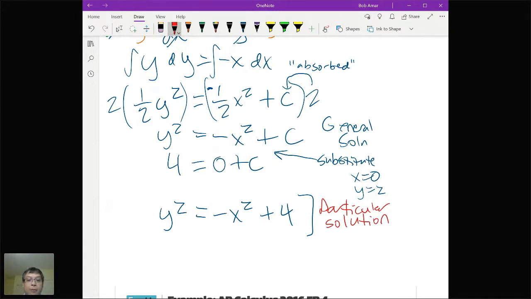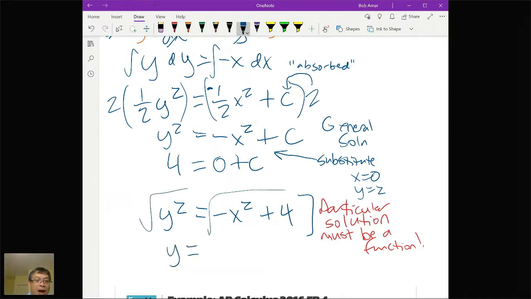But just be aware that anytime you're using a particular solution, it has to be a function. Okay, so the particular solution must be a function. So I'm going to use that old algebra rule where I take the square root of both sides. And then I get y equals plus or minus, and I'm going to rearrange the inside, 4 minus x squared.